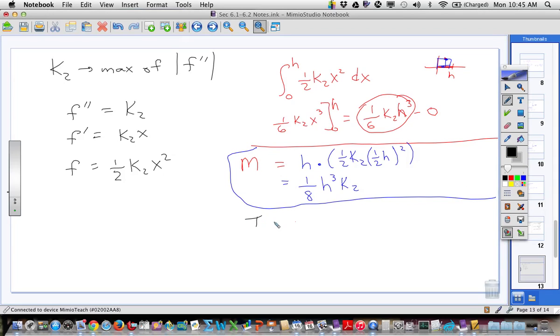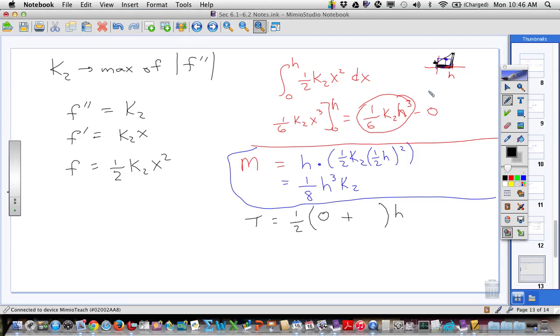All right, with me? So that's midpoint. Now let's do a quick trapezoid. Trapezoid is 1/2. So let's say that's my trapezoid right there. What's the height of my trapezoid? That'd be h. And then I need these two heights. The first one would be a 0 plugged into my function. What do I get if I have a 0 plugged in here? There's 0.